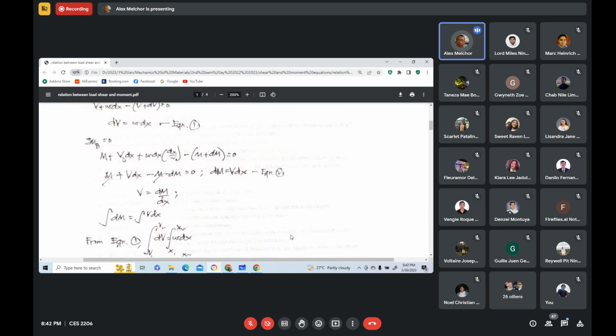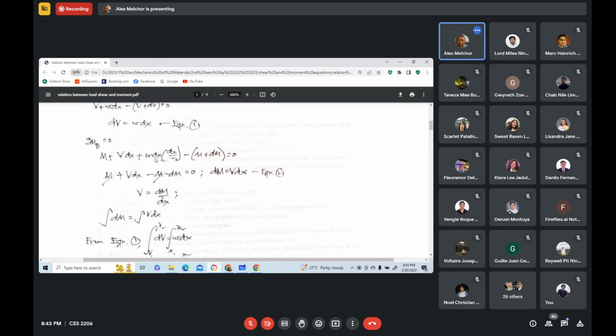So simplifying, we will have M plus V dx minus M minus dM. Now what happened to this term here? This term will cancel. Why? Because this is very negligible.